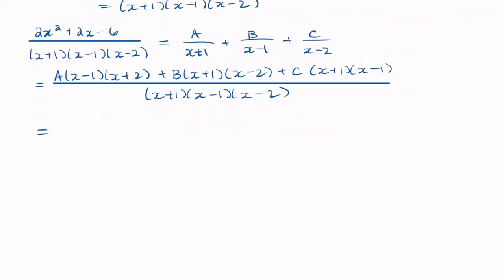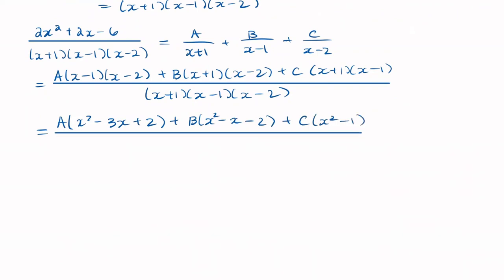So if I expand the binomials, I have a times x squared minus 3x plus 2, plus b times x squared minus x minus 2, plus c times x squared minus 1, all this divided by x plus 1, x minus 1, x minus 2.